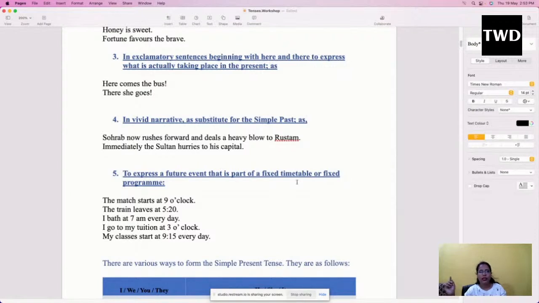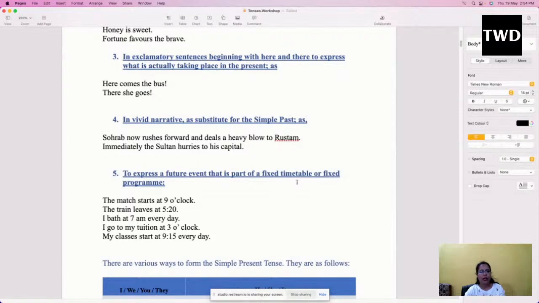So you need to see the timetable of the trains or buses or aeroplanes, whichever mode you want to use. Yes, so each and everything would have a fixed timetable, and that is why all such things come under simple present tense, because we are not going to change the timetable, and that is the reason why we will be using simple present tense.